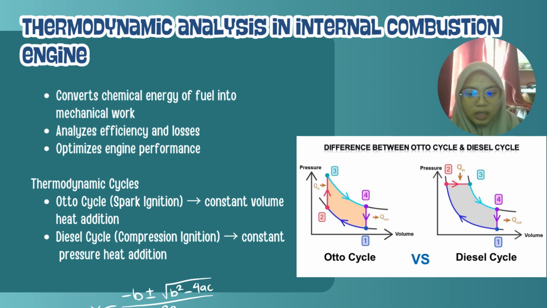The Otto cycle is used in the spark ignition engine and consists of two adiabatic processes and two constant volume heat transfer processes, with the efficiency mainly depending on the compression ratio. On the other hand, the diesel cycle is used in the compression ignition engine and features constant pressure combustion, which allows a higher compression ratio and typically higher efficiency.